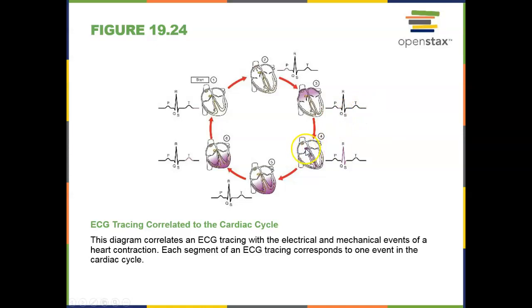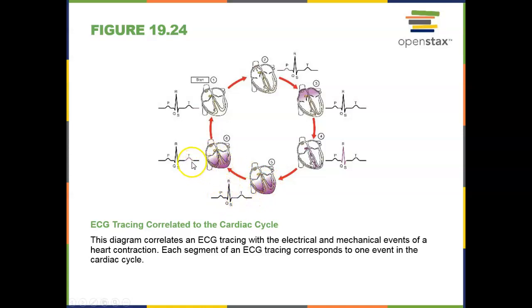Then the AV node fires, sending a signal down to the AV bundle and the bundle branches, and that's right here, the QRS complex. The ventricles contract, and so the QT segment, I'm sorry, occurs when the ventricles contract to when the ventricles are going to undergo repolarization.